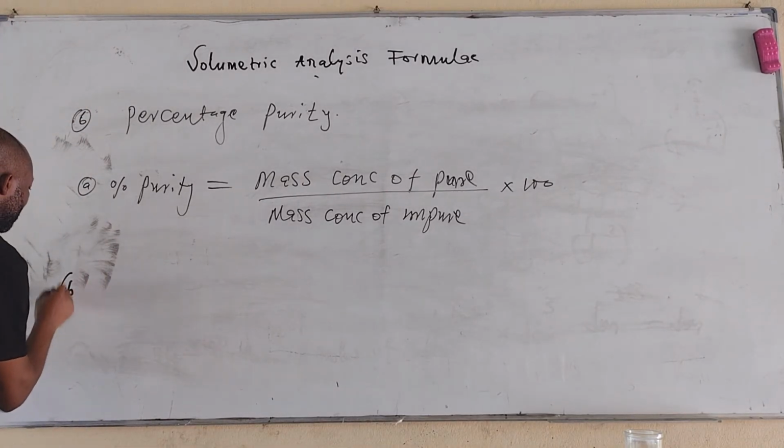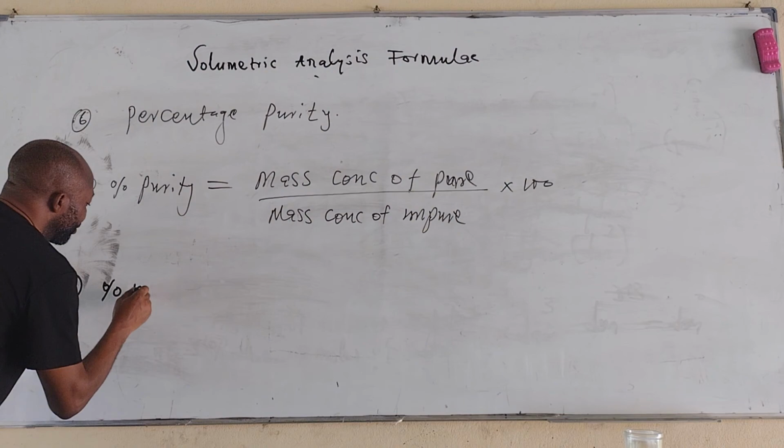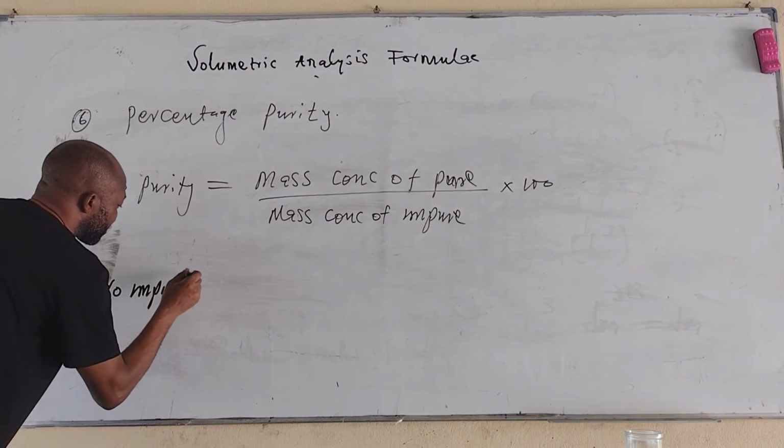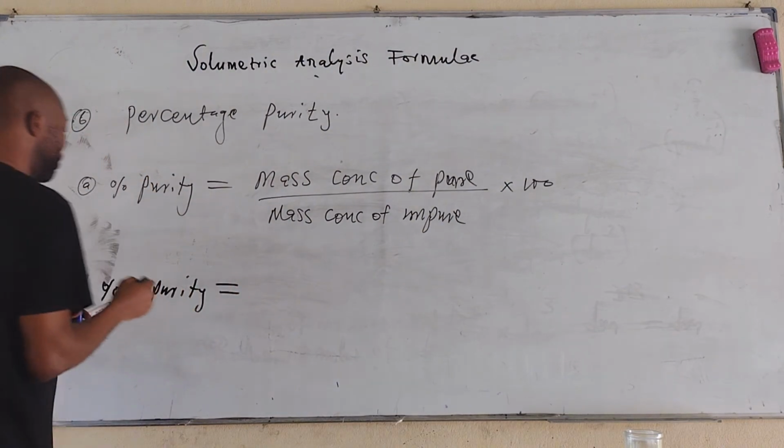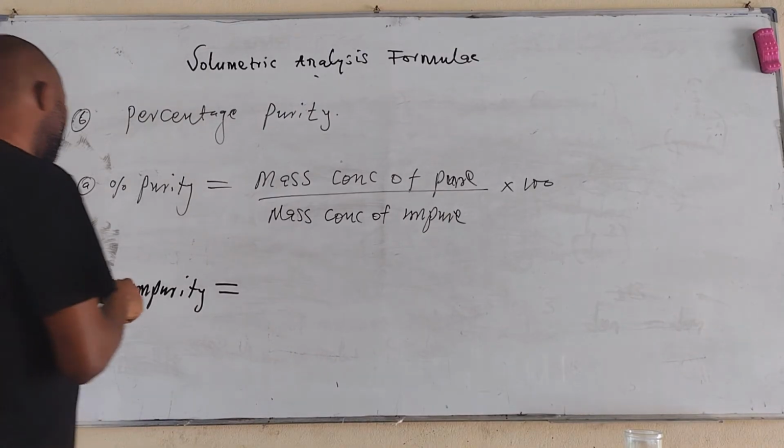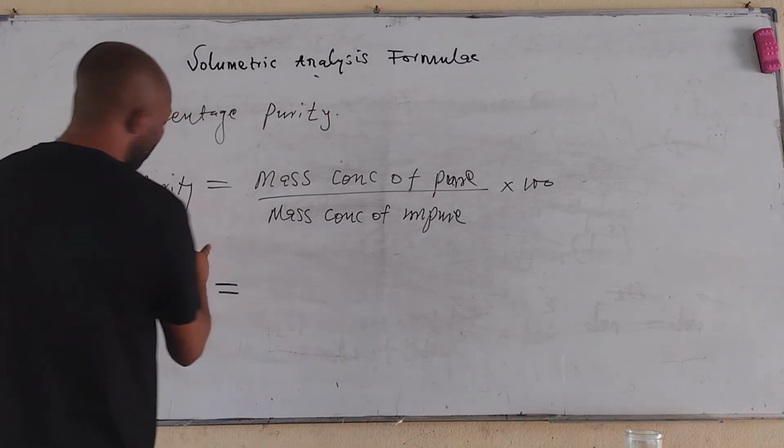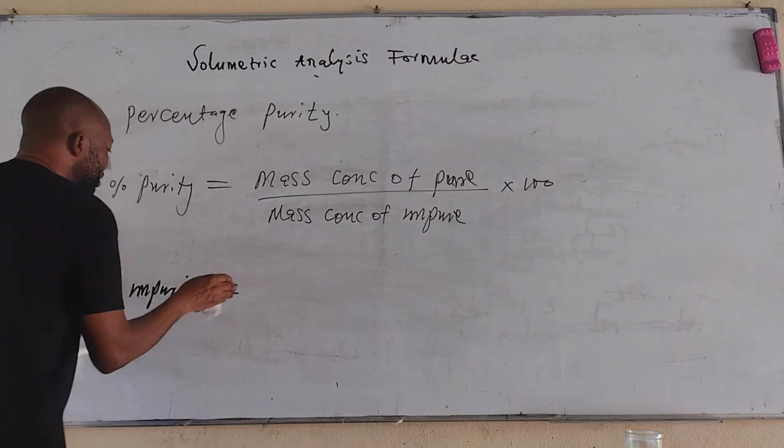Let's call it D. For percentage impurity, let's take D to be another one.